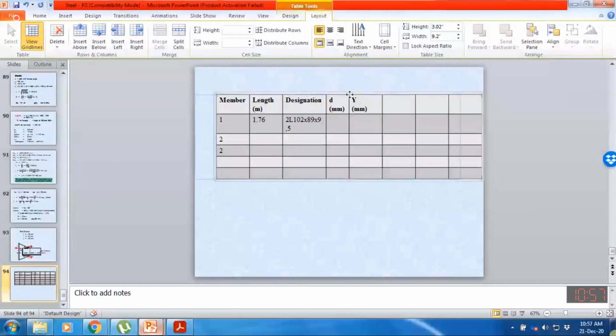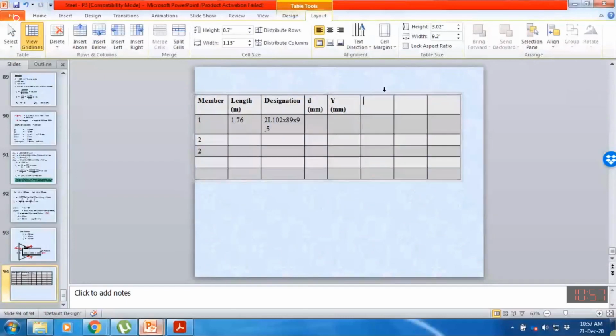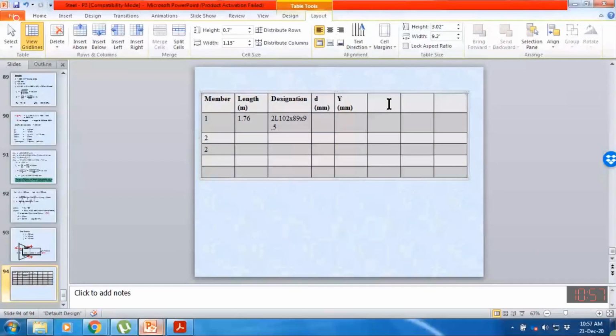And here, if you have determined L3, this value.